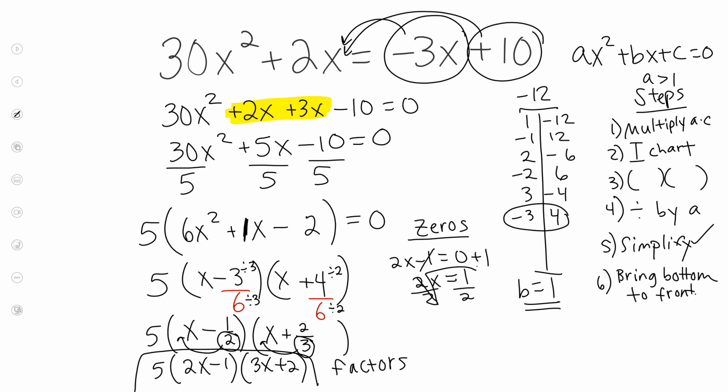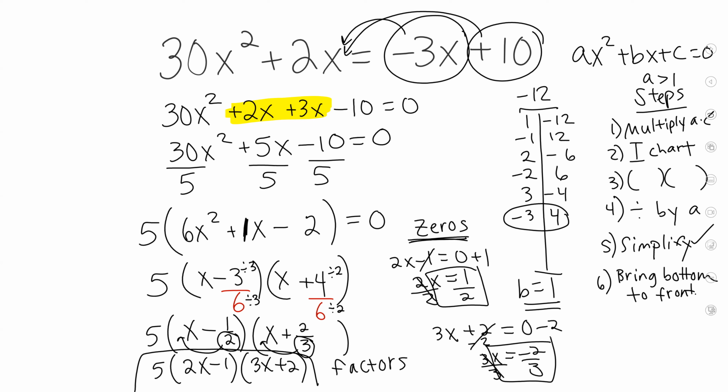So this is one solution, or 0. My other one is 3x plus 2. Set it to 0 and solve. So I get 3x equals negative 2, divide by 3. This is my other 0. Next problem.